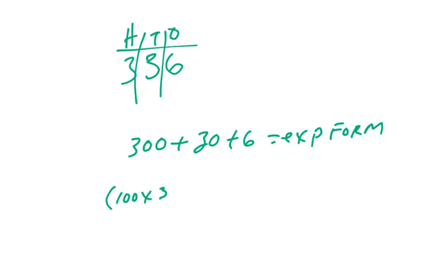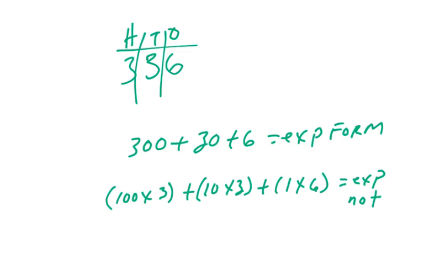So 3 times 100, plus the value of the tens place is 10. How many do I have? 3. Then my last place, plus 6. What's the value of this place? 1. What's the digit in the ones place? 6. And this is expanded notation.